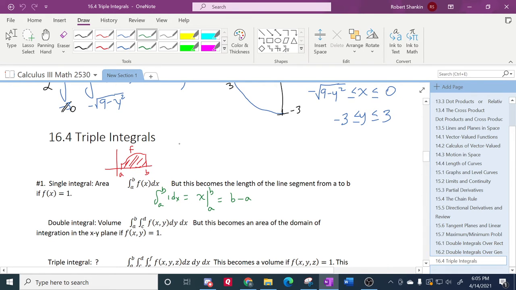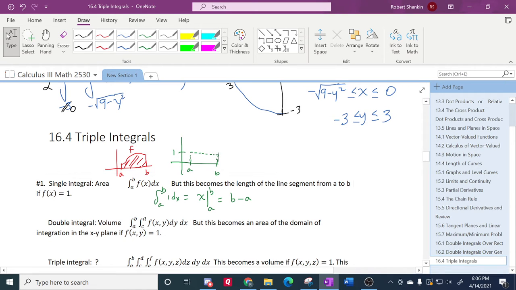But if the height is 1, then the length from a to b is both the length of that line segment and the area of this rectangle. Because b minus a times the height of 1 is the area. So if this f of x is 1, we drop a dimension from area to length along the x-axis.